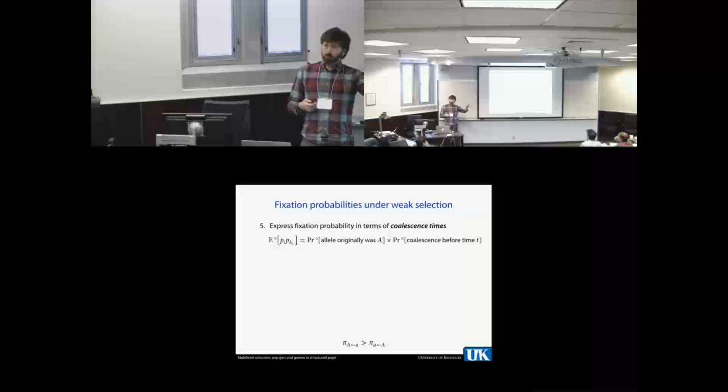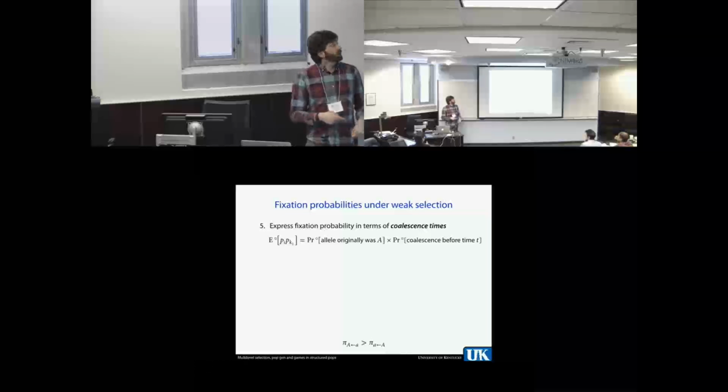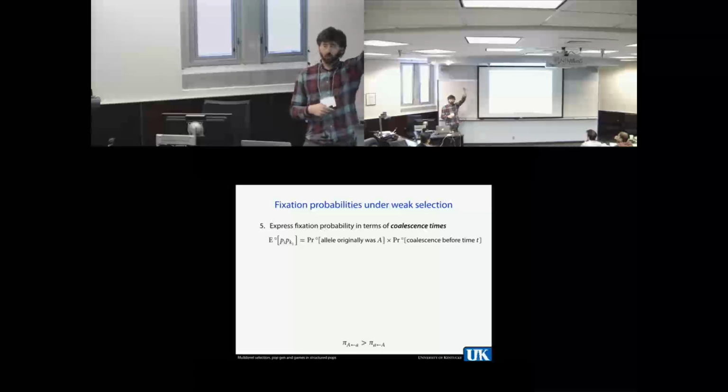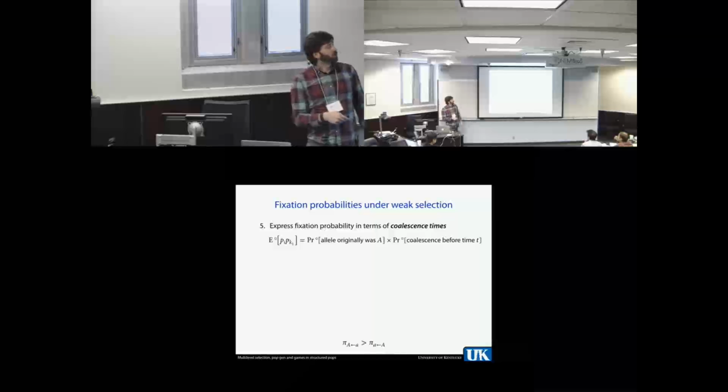So if we think about the probability that two individuals at some time have the same gene, given that there was only one mutant in the population originally, the only way that the two individuals can have the same mutant gene is if the gene that you're looking at was the mutant originally, that you sampled the mutant way back in time, and that they coalesce before that point in time.